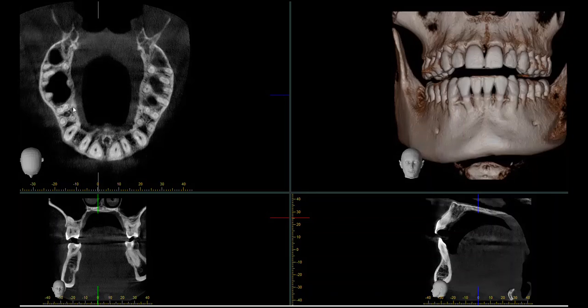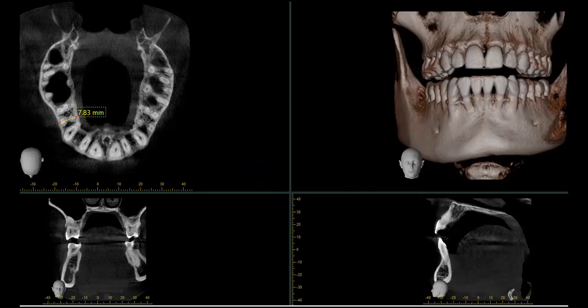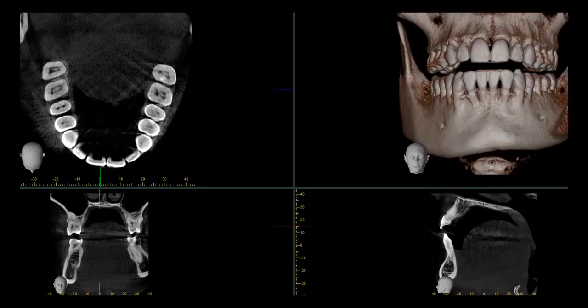A quick measurement tells me the lingual root is approximately 8 millimeters from the buccal plate. Palatal anesthetic would be necessary when treating this tooth endodontically. Maxillary molars require both buccal and palatal anesthetic as a result of the divergence of the roots.